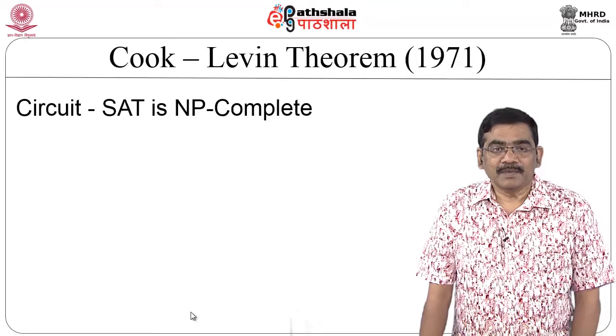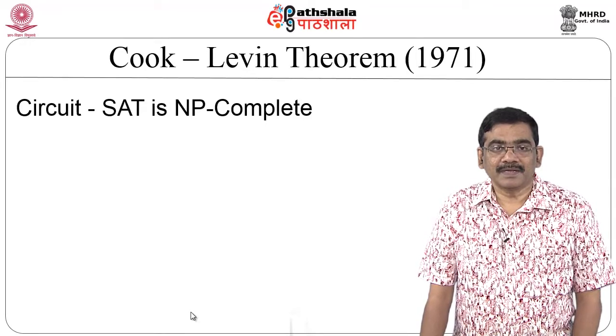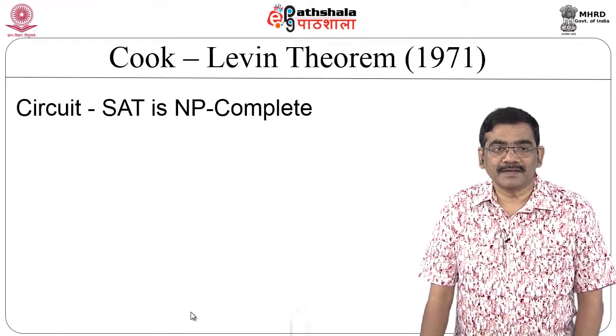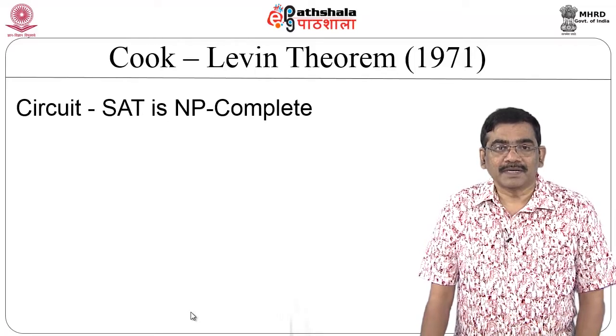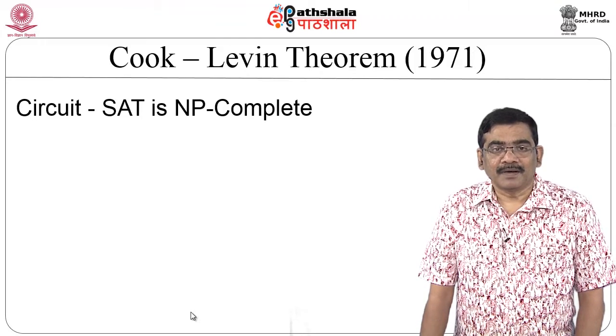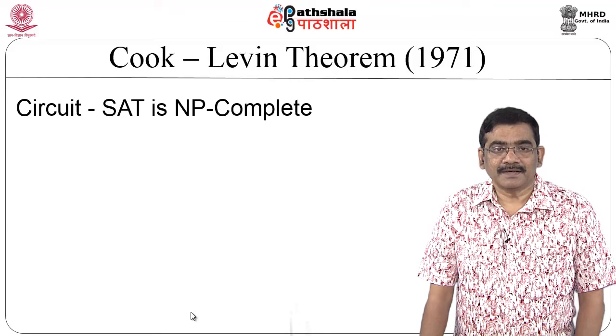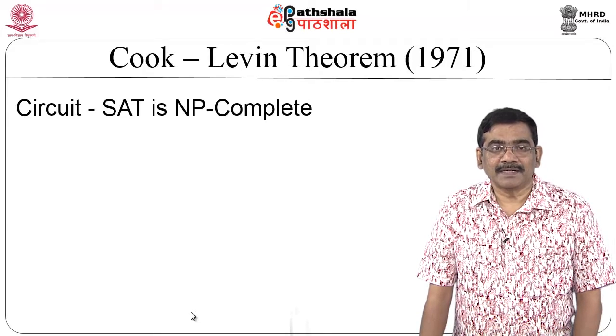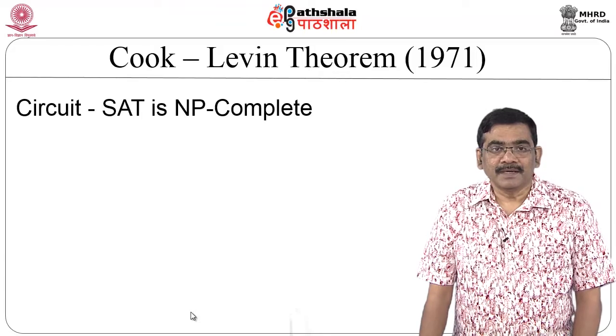One of the other remarkable discoveries in computer science is the Cook-Levin theorem. Last module we discussed how Stephen Cook and Levin independently formulated this theorem, that circuit SAT is NP complete.